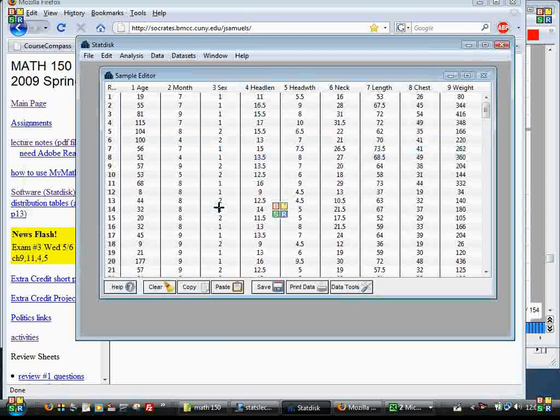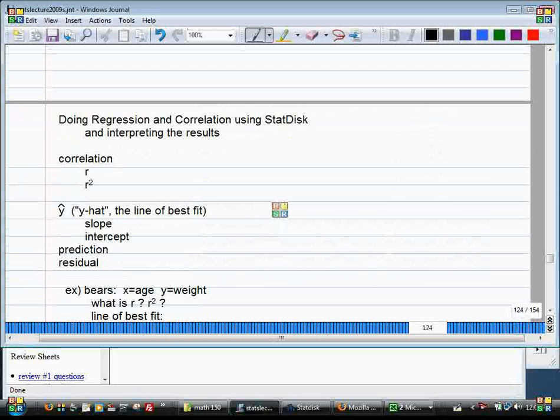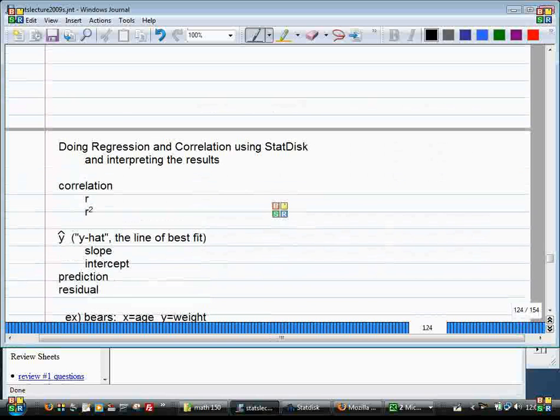Okay. Now, what we're going to do is take the data and do correlation and regression on the age versus the weight. Now, do you imagine that for bears there's a correlation between age and weight? What do you think it is?